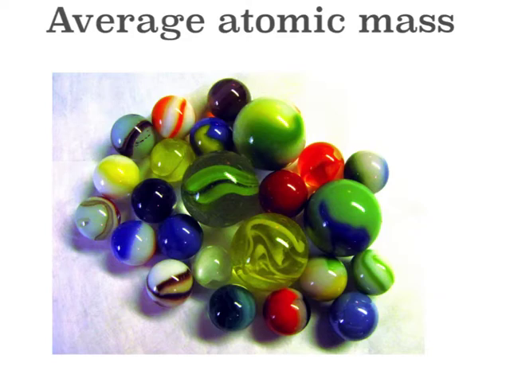See this group of marbles. If I was trying to calculate the average mass of these marbles, just for your information, there are 4 large marbles, and there are 20 small marbles. Would it be fair to just add them up and divide by 24?